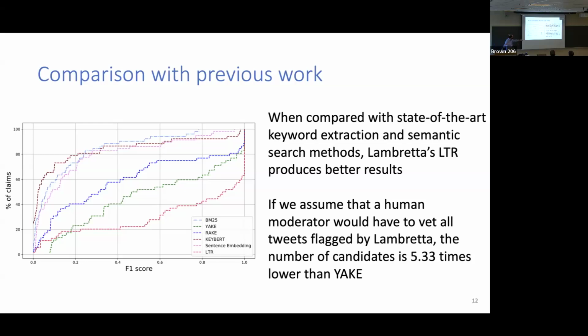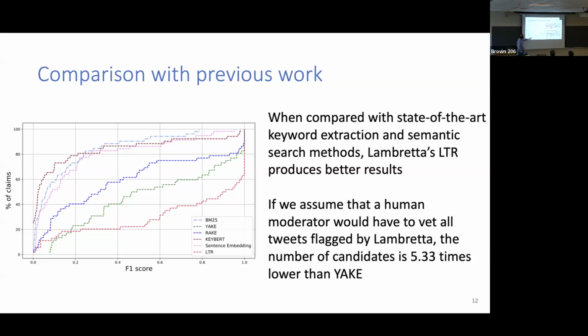And we have some keyword extraction methods, some semantic search methods, and BERT, which is based on embeddings. And we find that our learning to rank is consistently outperforming those.